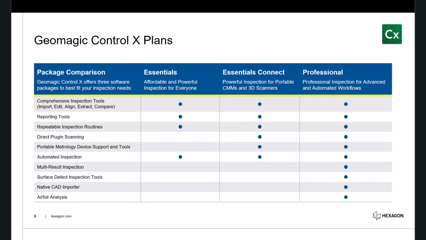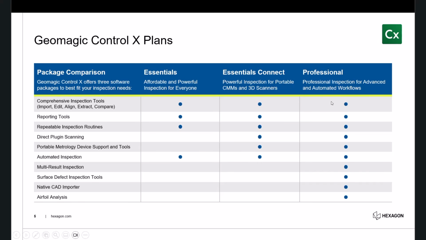With Essentials Connect, it is very similar to Essentials. It has almost identical tools, but you now also get the direct scanning plugins and the support for portable metrology devices. So think like arms and other probing and things like that. If you need that plus more, we also have Professional, which is the most popular one.